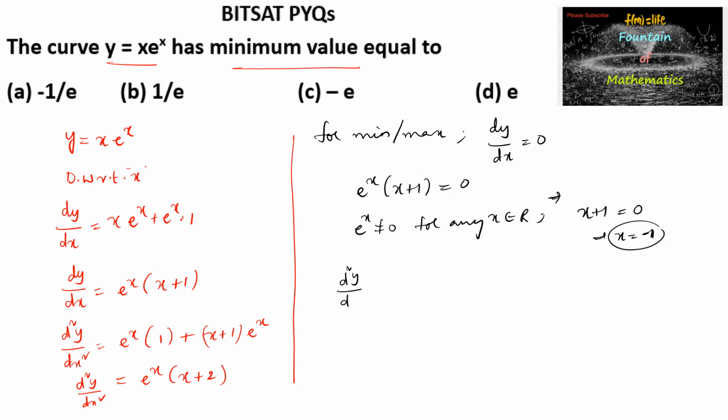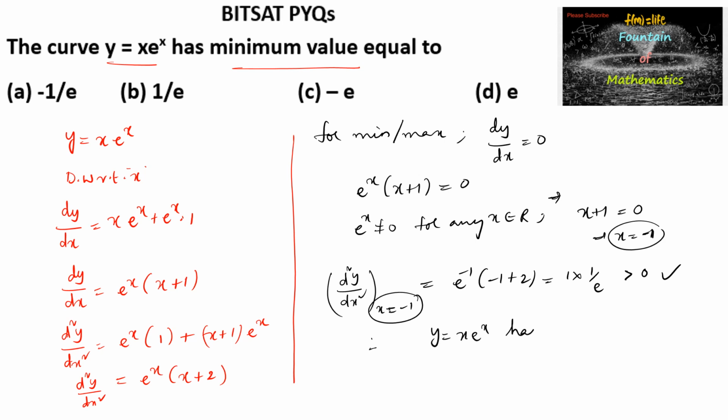So d square y by dx square at x is equal to minus 1 is e power minus 1 into minus 1 plus 2, which is 2 minus 1, 1 into e power minus 1, that is 1 upon e. 1 upon e is always positive. And since d square y by dx square is positive at x is equal to minus 1, therefore we can say the curve y is equal to x e power x has minimum value.